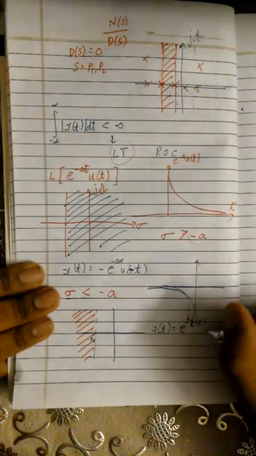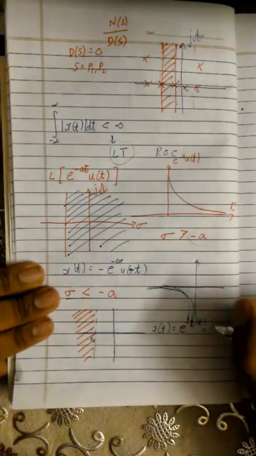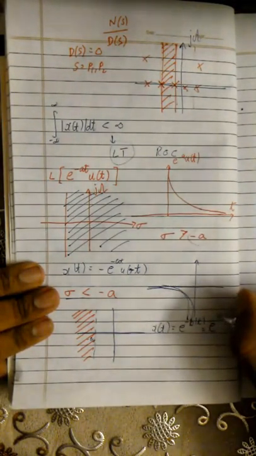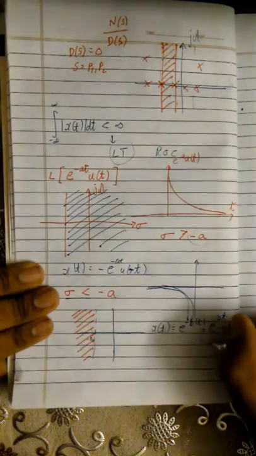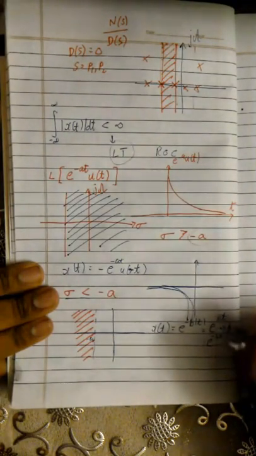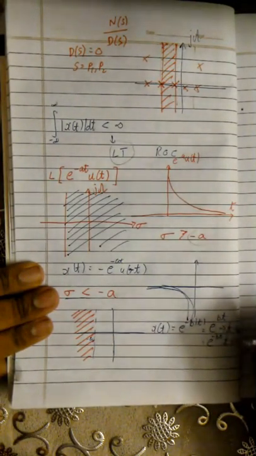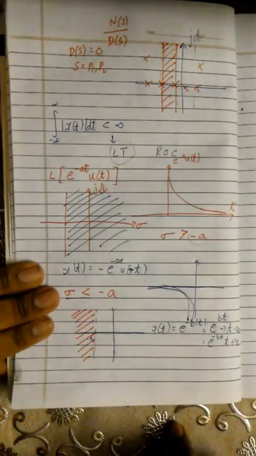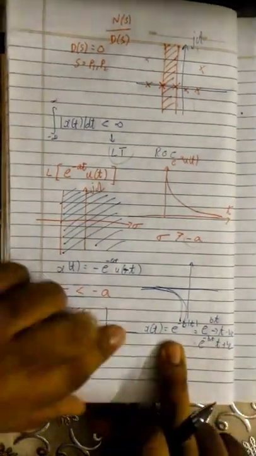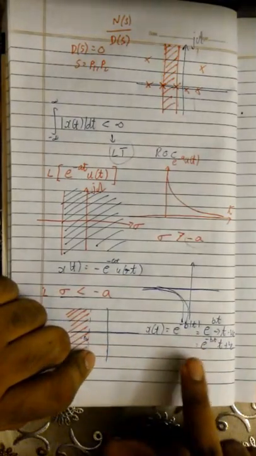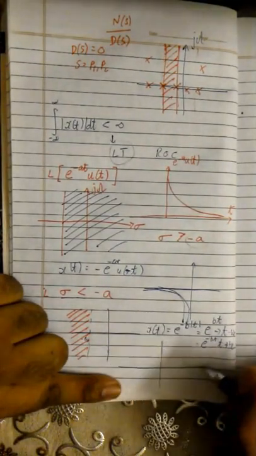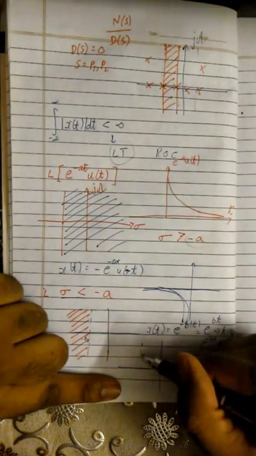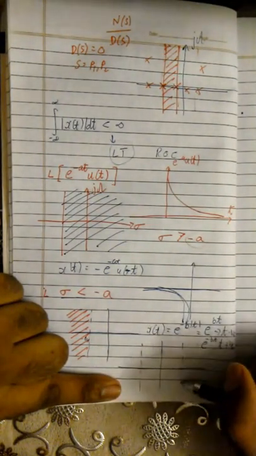This can also be written as e raised to bt when t is negative, and e raised to minus bt when t is positive, right? So in this graph, if you remember, the ROC is like this.